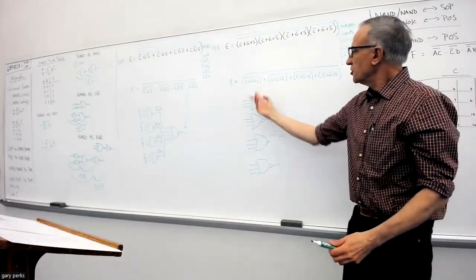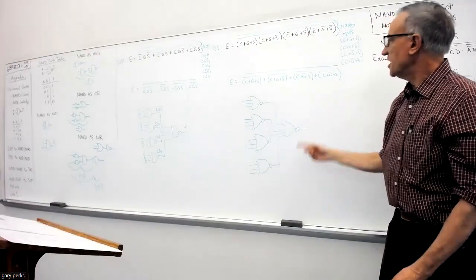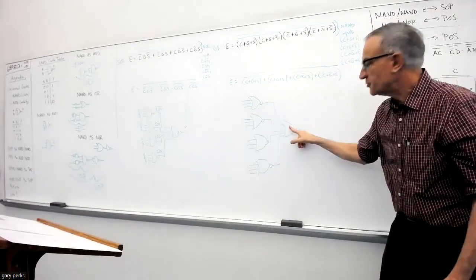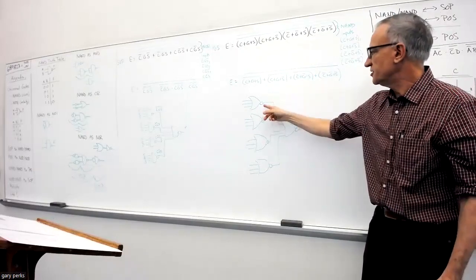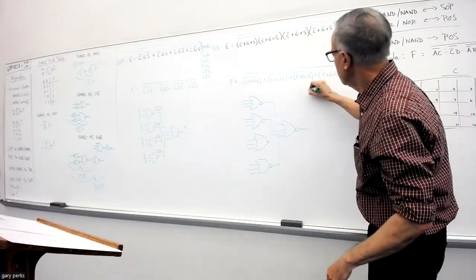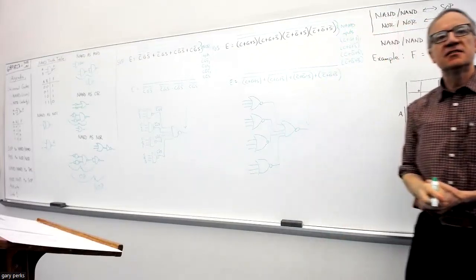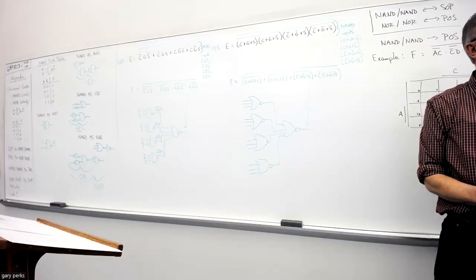That term would be a NOR gate, that term would be a NOR gate, that term would be a NOR gate, that term would be a NOR gate. And then to get the whole thing, that's why we have this NOR gate, right? Because the outputs of these NOR gates go into this input, and you end up with this equation, the output of that NOR gate. Is that okay?